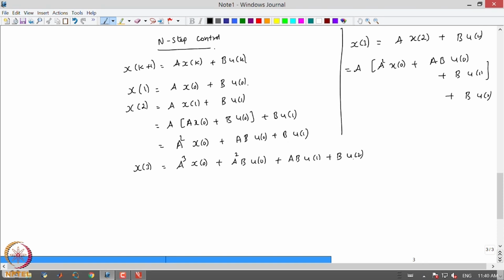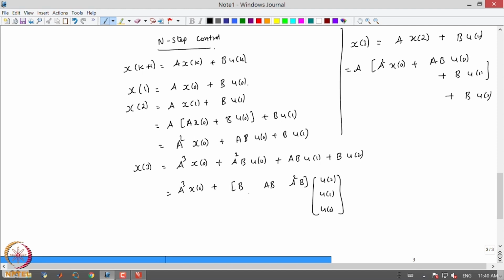Let us just assume that n equal to 3 here. So, this is A cube x naught plus we will have B, AB, A square B times u2, u1, u naught.